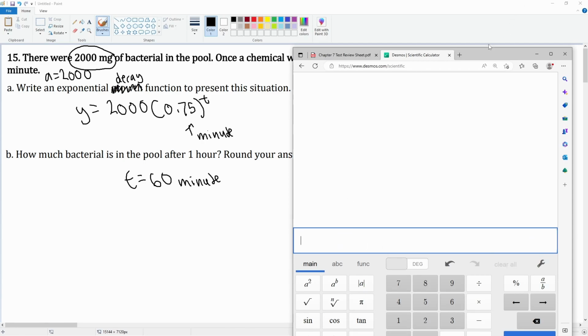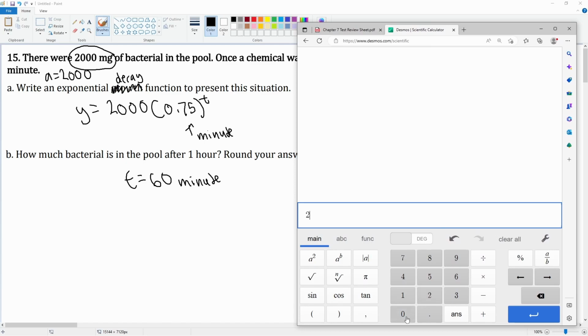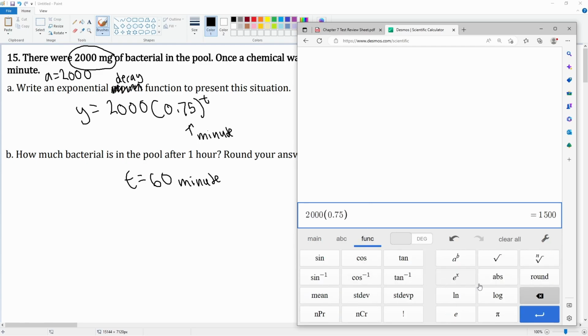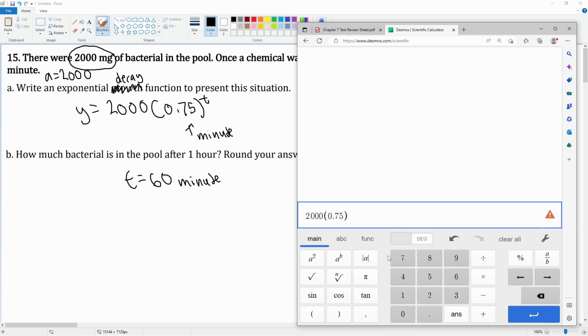We have 2,000 parentheses 0.75, and then the exponent is going to be 60. And whoa, that's a super small number here, right?